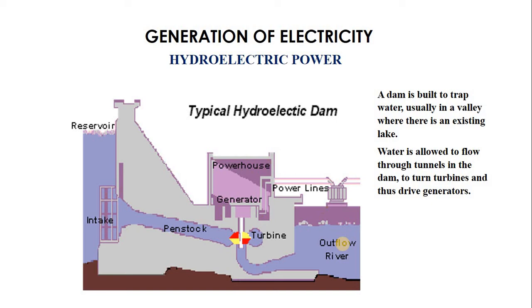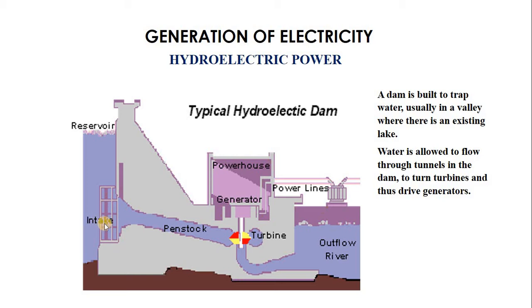But let's focus on the mode of operation. First of all, this is actually the dam. So the dam is created to block the water in order to create a reservoir. So as you can see, this is the dam and this is a reservoir. And if you know the Eureka can experiment, the deeper you go in water, the higher the pressure.